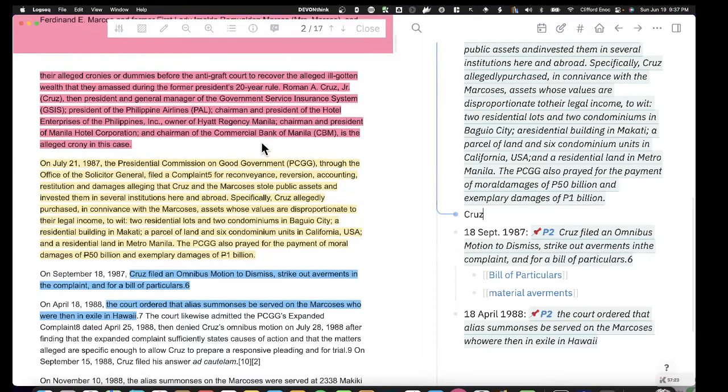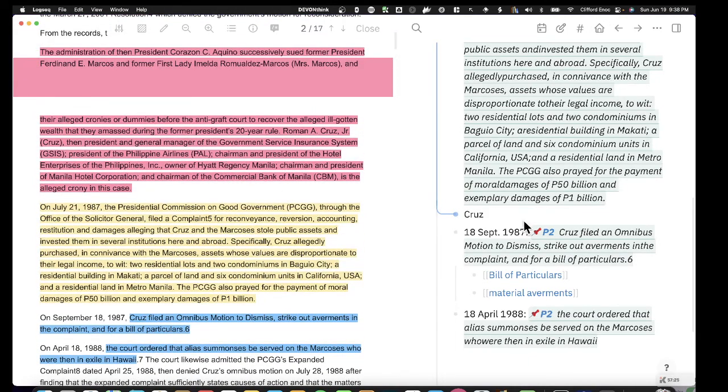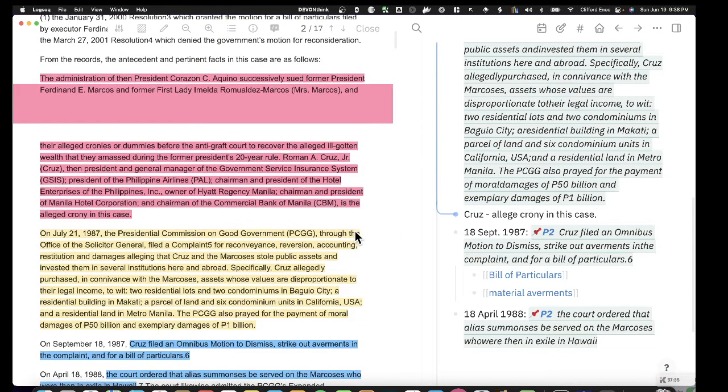Because ito yung the alleged crony. Actually, not only Cruz, no?